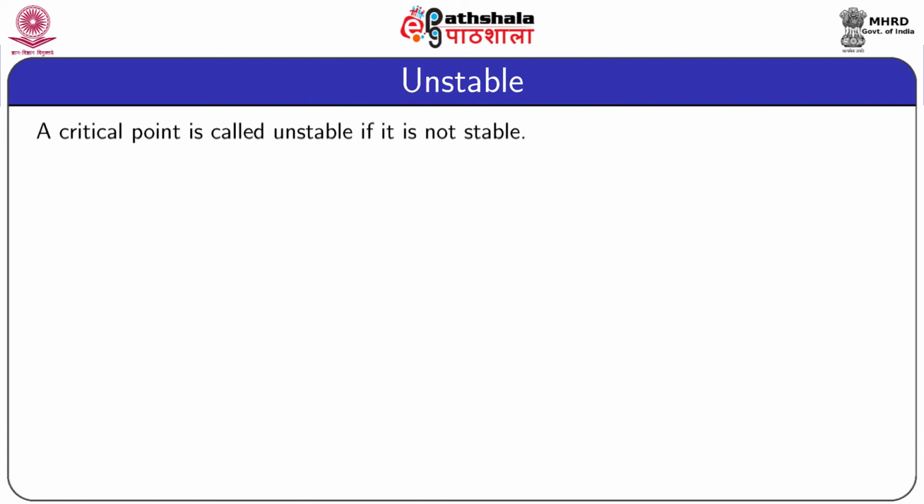And at the end, a critical point will be called unstable if it is not stable, which means that if it violates any of the properties of stability, then we say that the system is unstable.